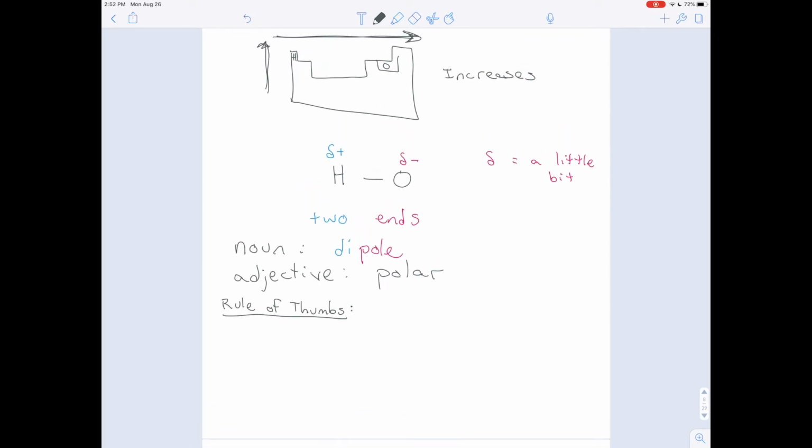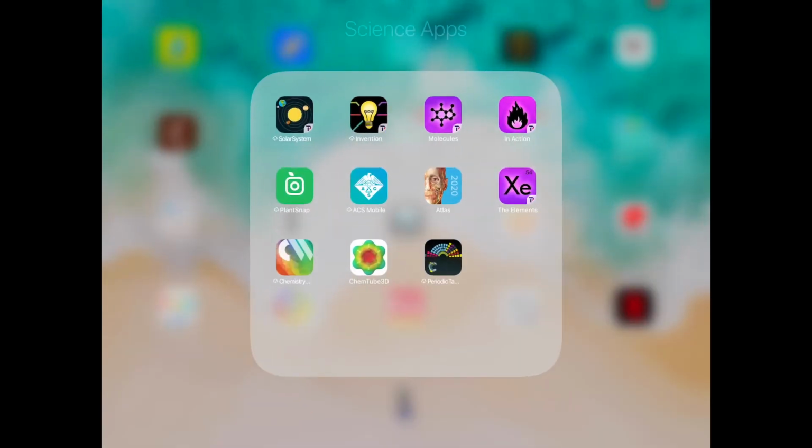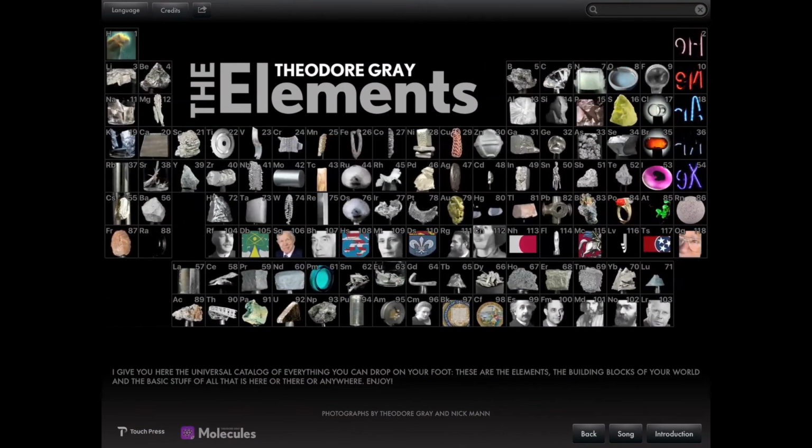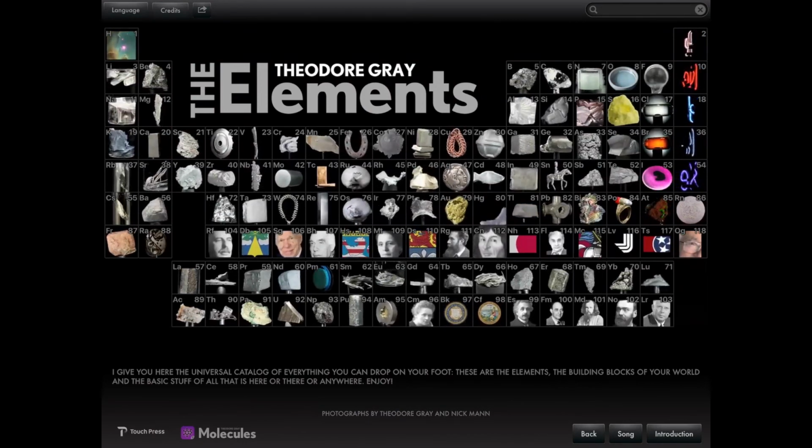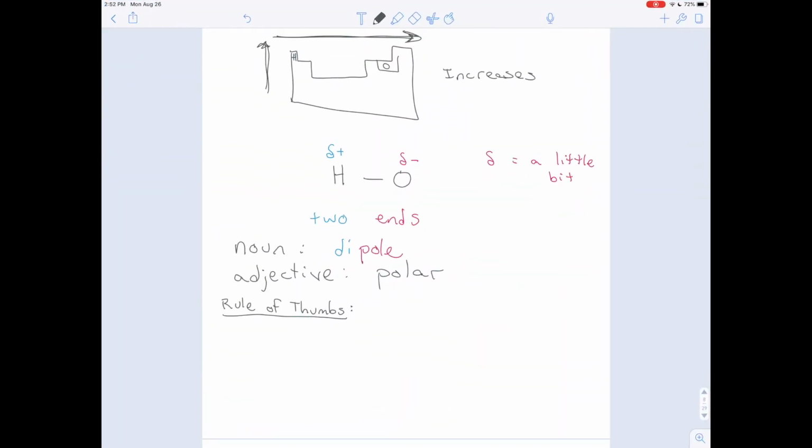In the top right of the periodic table, you'll see nitrogen, oxygen, fluorine, and just below that is chlorine. Those are the most electronegative elements. You might say, why not the noble gases? Those noble gases at the far right already have all their electrons paired, so they tend not to react much. Of the atoms that react, nitrogen, oxygen, fluorine, and chlorine are really electronegative.